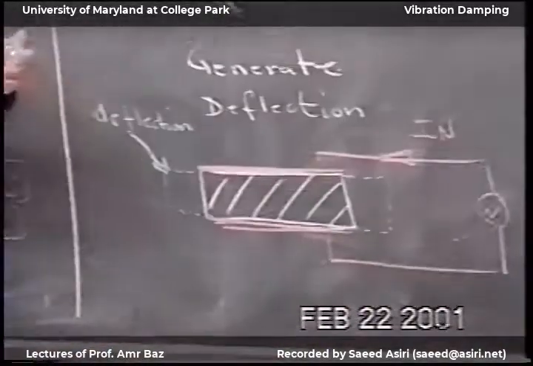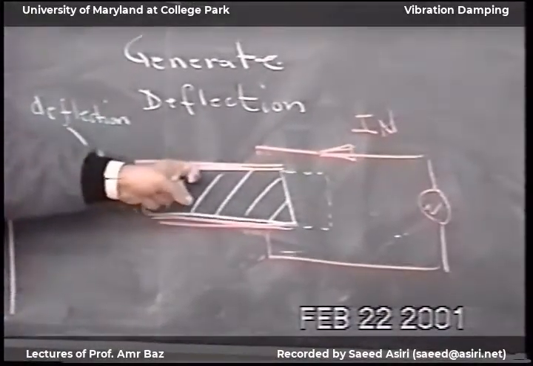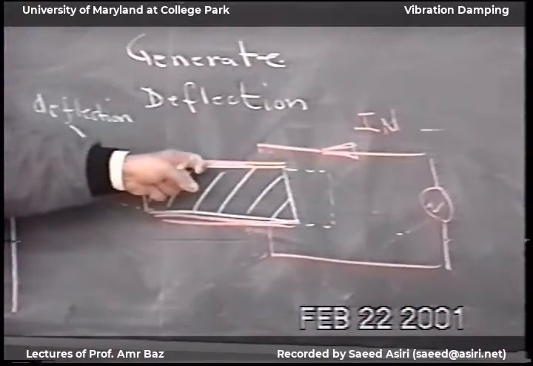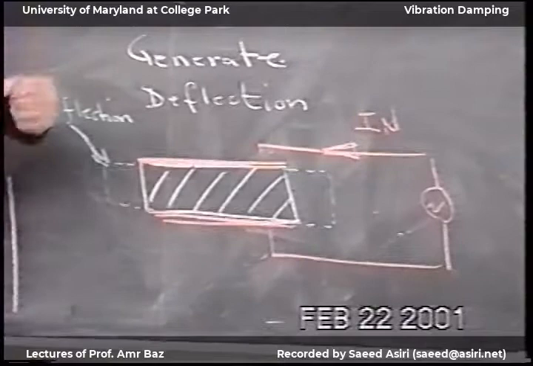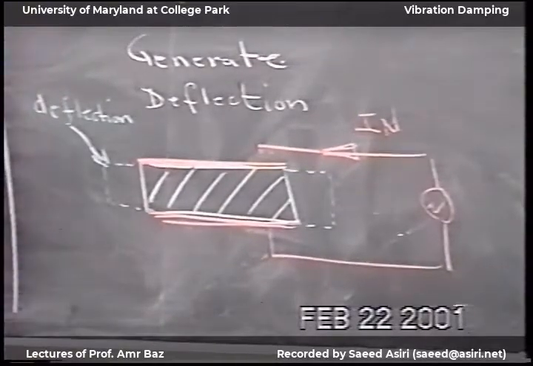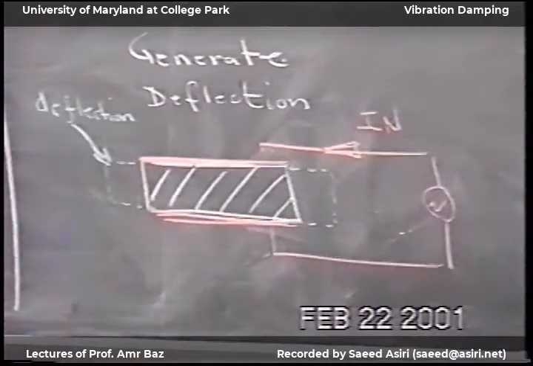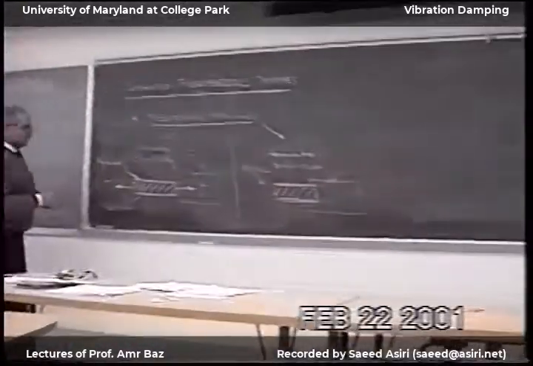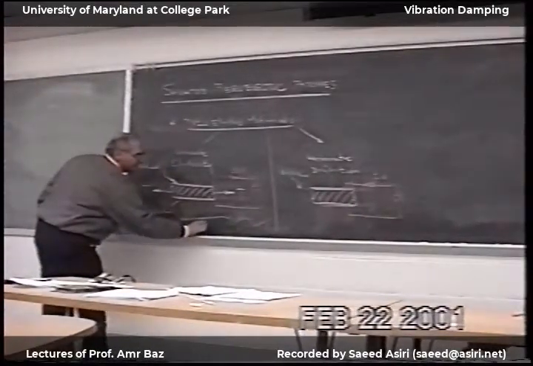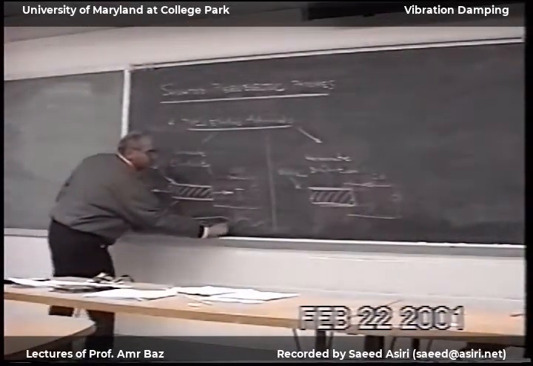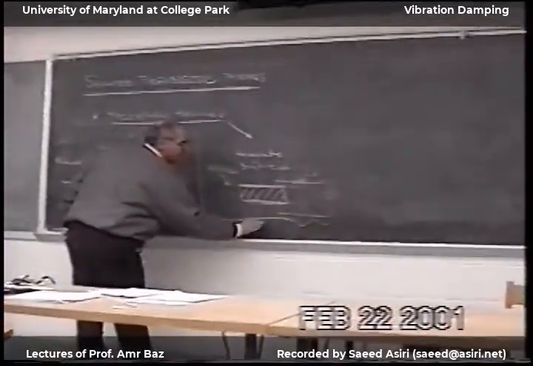The structure is vibrating, give the piezoelectric material a signal proportional to the structure vibration, and in the opposite direction, shrink the structure when it's trying to expand, or expand it when it's trying to shrink. So you can bring it to the original position. So conventionally, this was a sensor application. And here, conventionally, it is an actuator.